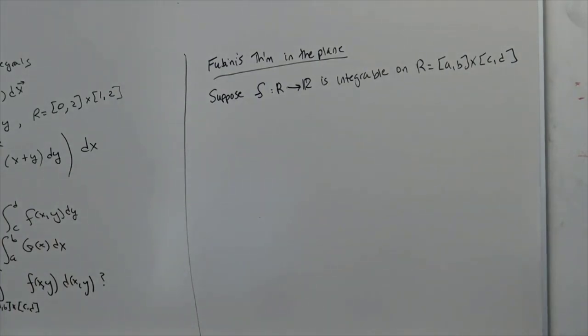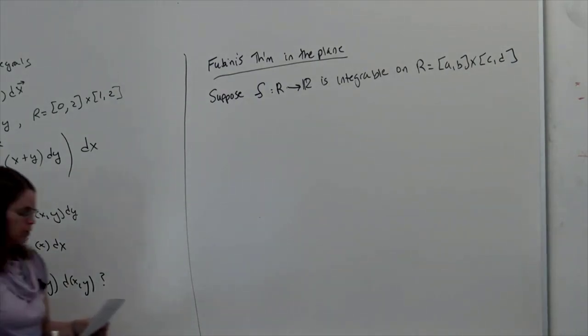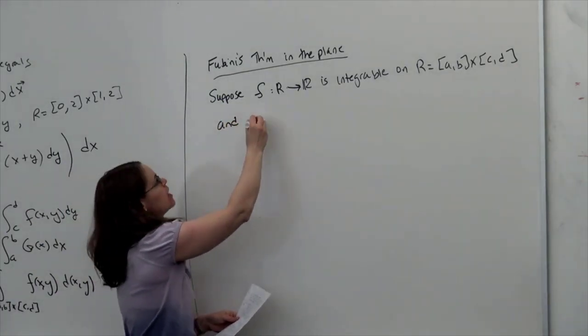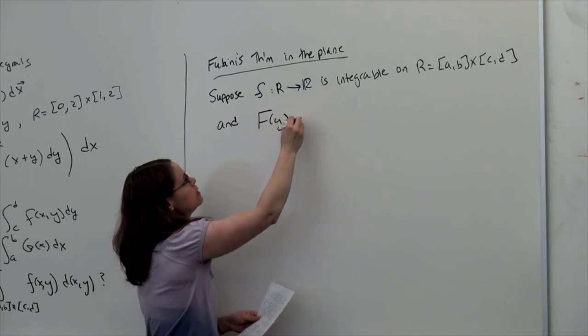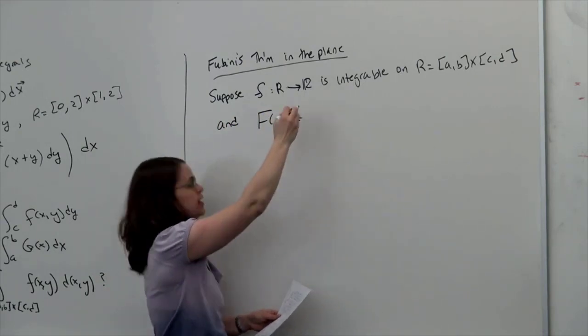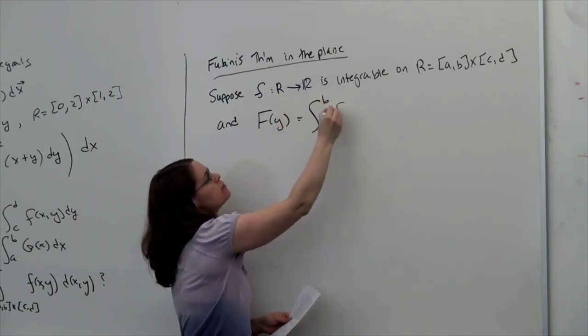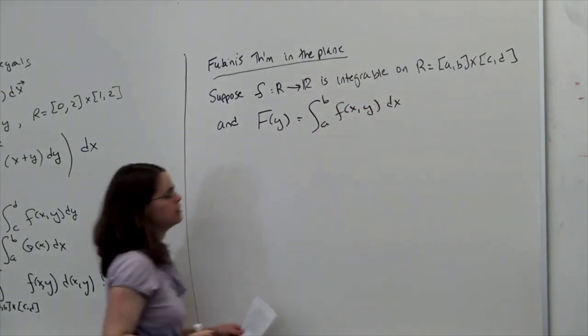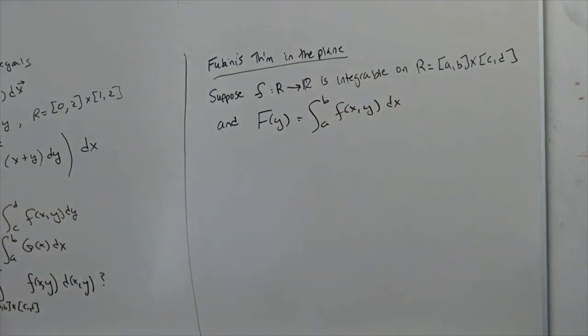And the building block we need for doing this iterated integral, we'll call this capital F of y, so this is where we integrate away the x variable. This also exists.